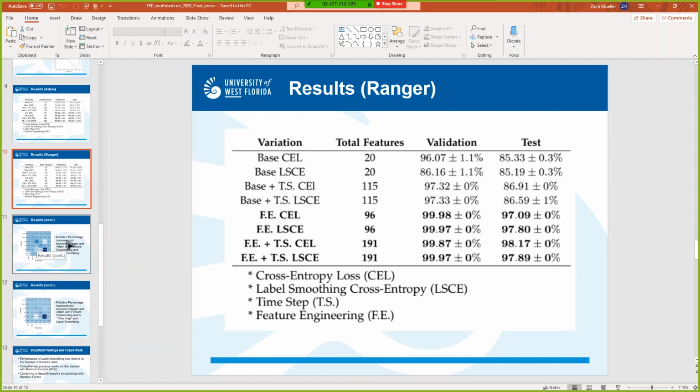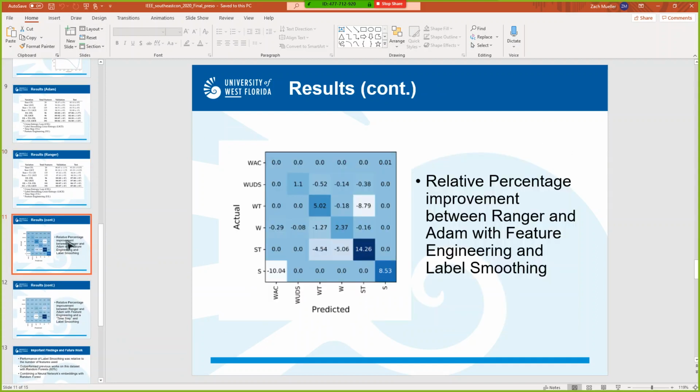And so we further decided to look at the relative percentage improvements by class between Adam and Ranger with the feature engineering. Now this is with label smoothing cross entropy. What we were hoping to see is how the model behaved and what it was looking at a bit differently when we had the different optimizers.